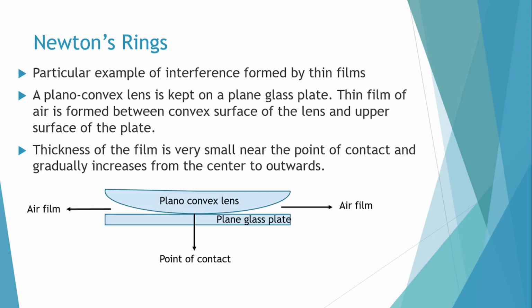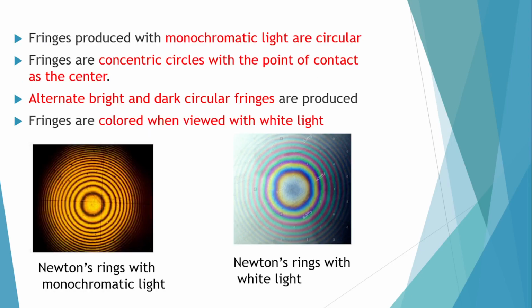Now how did he observe the interference in this thin film? Let us see. The fringes are produced by using monochromatic light. So the thin film is illuminated with a monochromatic light like sodium light, and fringes are observed.